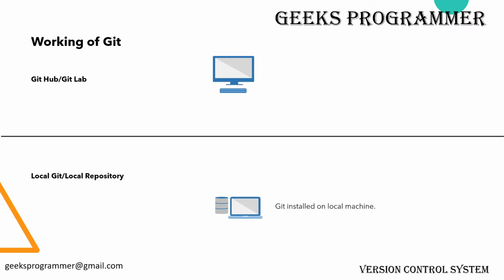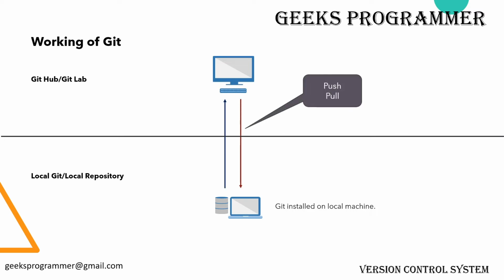So let's say you are done with your operations, you have created a repository, you have made your changes. Now you will be pushing and pulling your code to your remote repository. That remote repository can be GitHub, GitLab, Bitbucket. So in the first phase of this series, we'll talk about GitHub, then we'll see GitLab and Bitbucket as well.